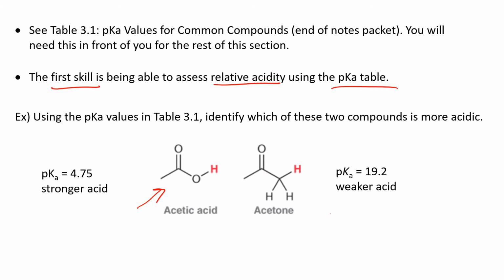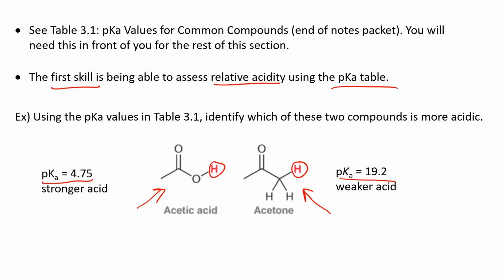So find acetic acid and then find this structure. It happens to be acetone. And the acidic protons are the ones that are in red here. So acetic acid has a pKa of 4.75. Acetone, that proton there, has a pKa of 19.2.